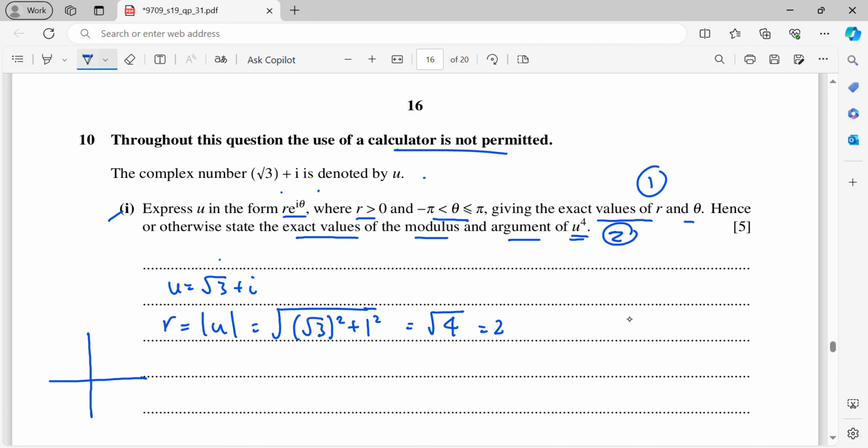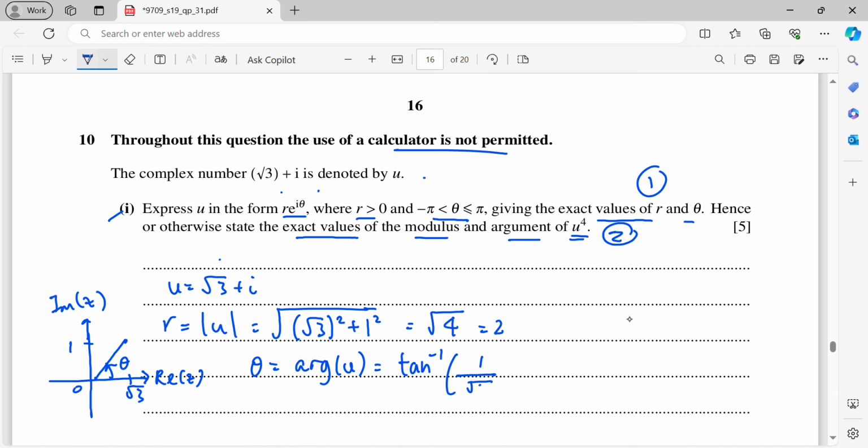The real part is square root 3. Your imaginary part is 1. So this is your angle. This is my real axis, and this is my imaginary axis. Okay, so obviously the θ is the argument of the complex number, that is inverse tangent of 1 over square root 3, because it looks like a right angle triangle.